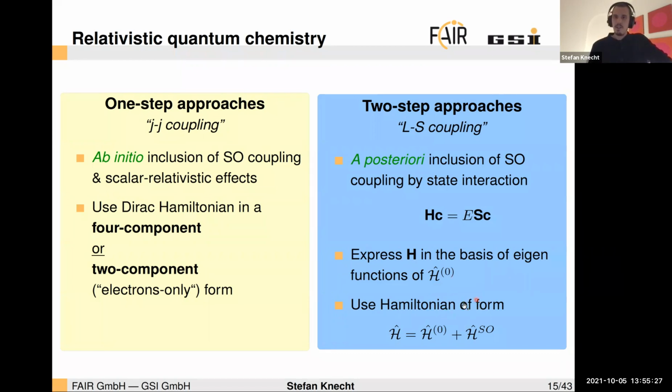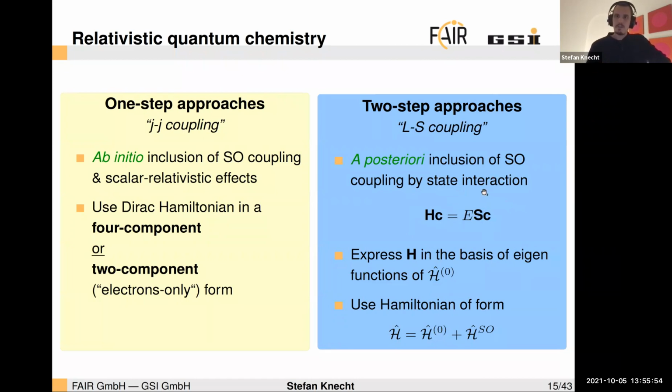And then we include spin-orbit coupling as sort of a perturbation and calculate the expectation values of the spin-orbit coupling operator in the basis of the eigenfunctions of our unperturbed Hamiltonian. And then we sort of end up with this generalized eigenvalue problem here, which we then solve. And this would give us then the solutions in the spin-orbit coupled basis.